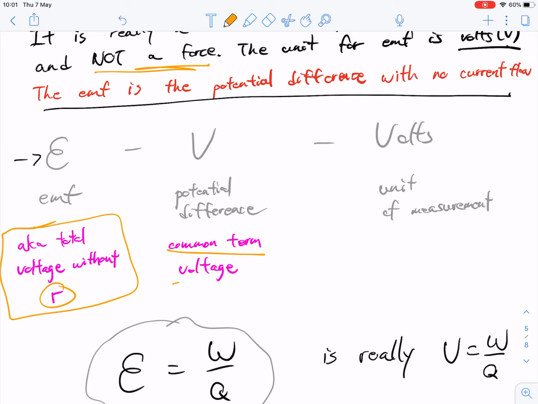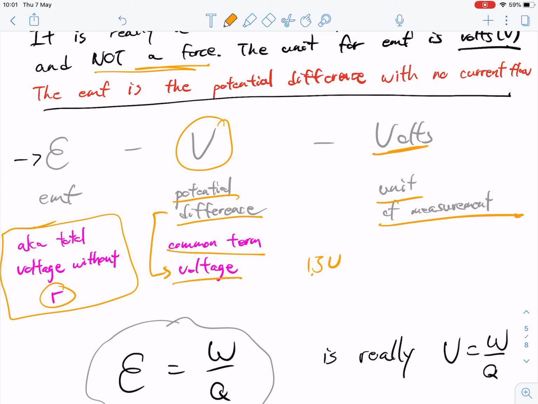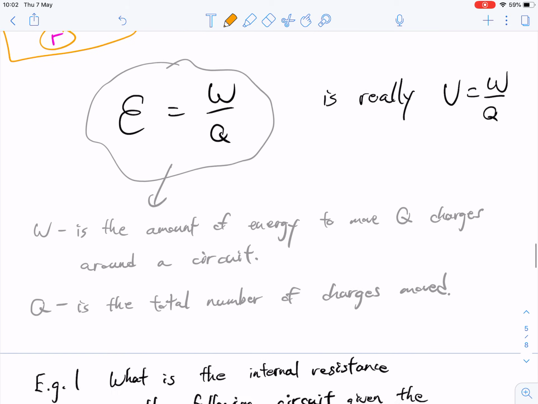V is the more common everyday term that we use, but we use V as the quantity variable, and we call it the potential difference. In everyday terminology, people would call it the voltage, like 1.5 volts of a AA battery, okay? And volts is the unit of measurement, okay? So be careful that you don't confuse these things, and that even though they are all talking about potential differences on different things in different ways, you have to make sure you understand and distinguish those differences for yourself.